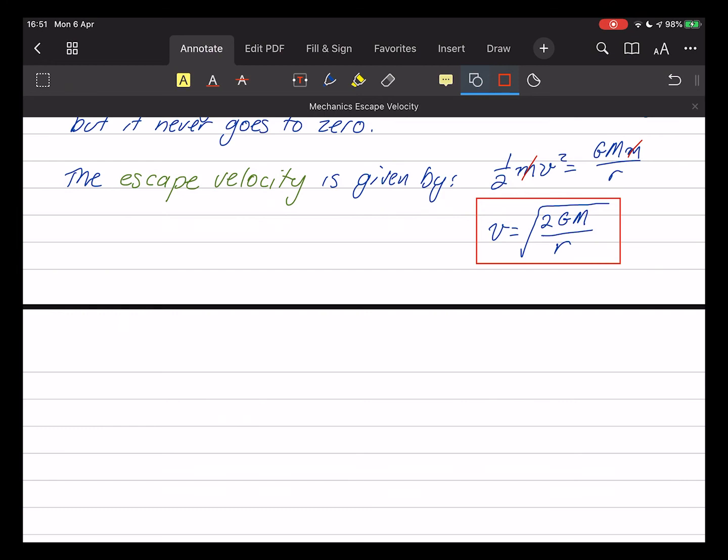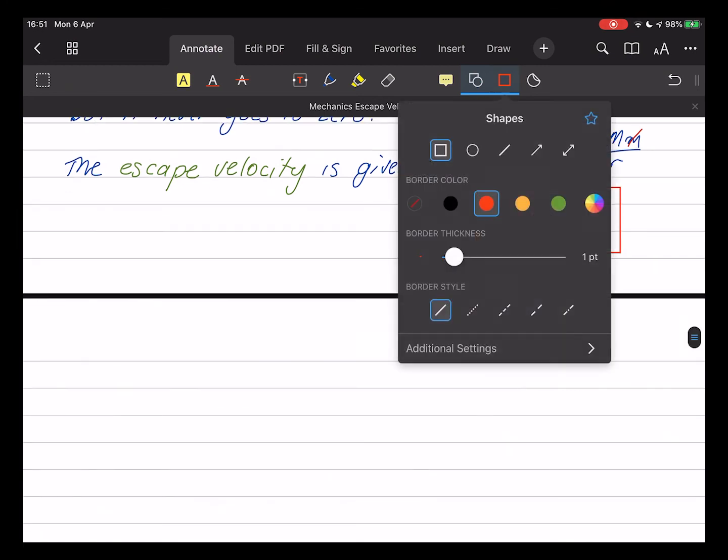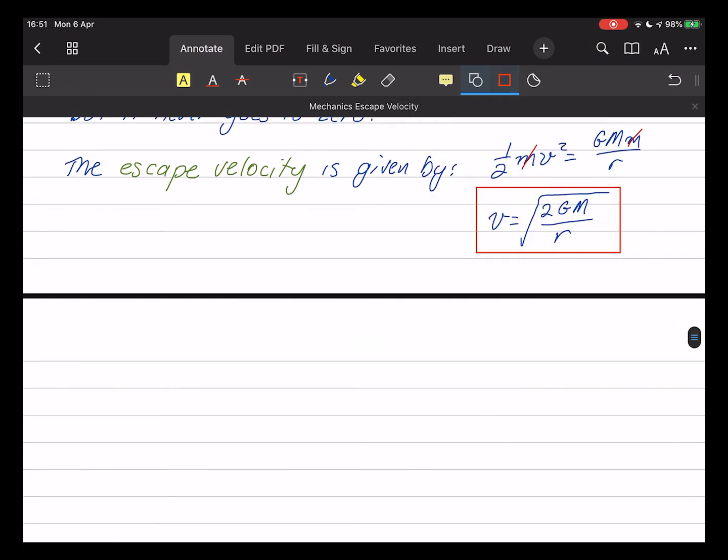So the classic example is, well, what if I was throwing an object from the surface of the Earth? How fast would I have to throw it in order for it to never come back again?